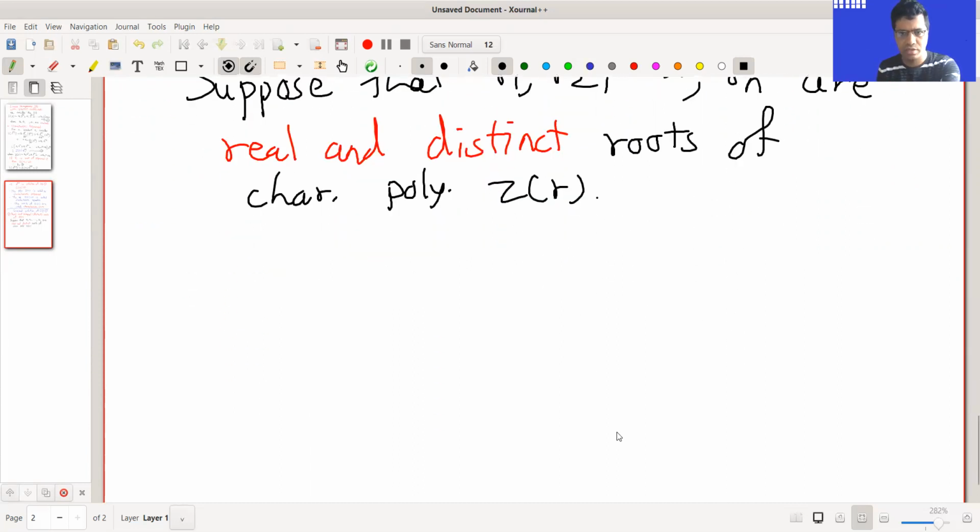As we discussed, if rk is a root of the characteristic polynomial, then e raised to rk x is a solution of differential equation L of y equal to 0.